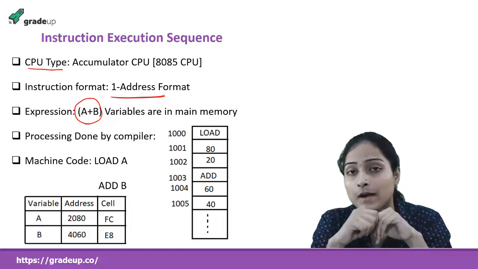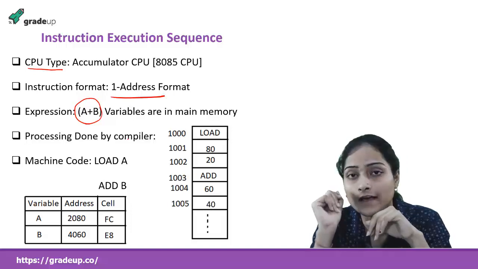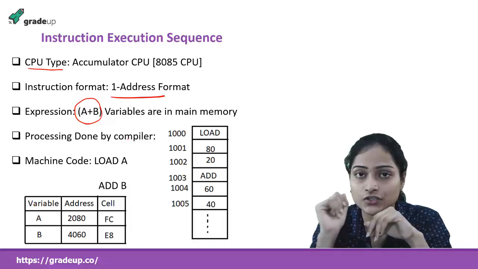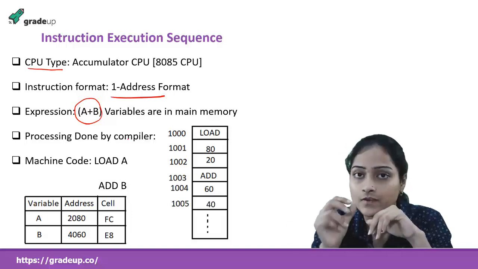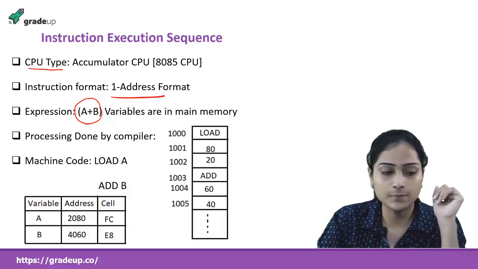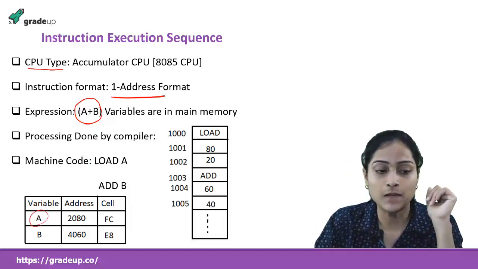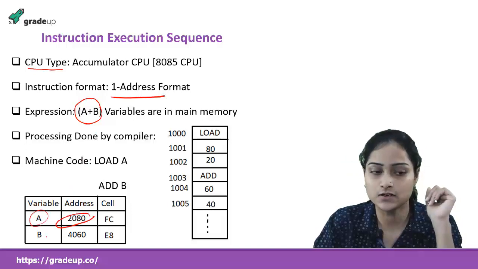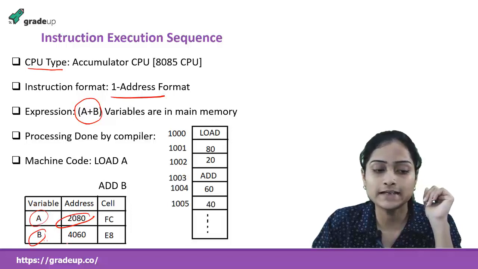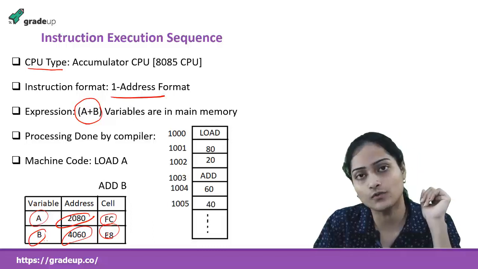Whatever variable you define, it assigns a memory location to it and checks for some value. Suppose variable A is assigned a memory cell with address 2080 and variable B is assigned a cell with memory address 4060, and these are the values stored there.